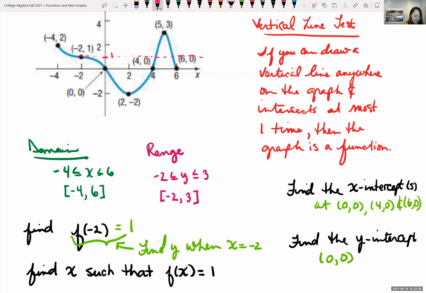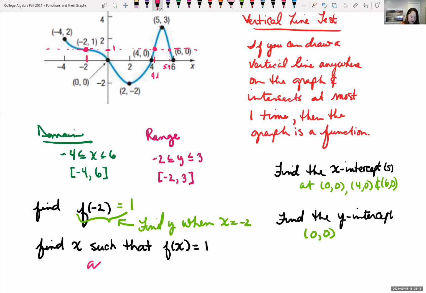Notice that I can see that this graph is going to hit y equals 1 in multiple spots. When x is -2, we're going to estimate this. We're going to say about 4.1. Let's just estimate this. So let's say that this is about 5.9. So there are 3 different x values that give us a y value of 1.